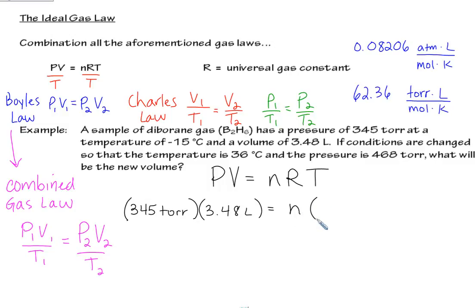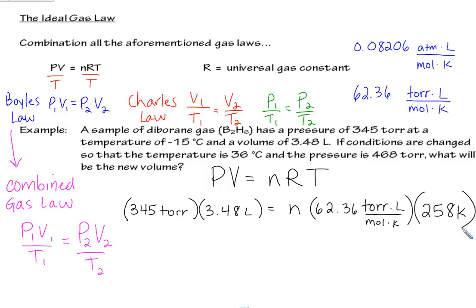I'm going to use the second version of R, the 62.36 torr liter per mole Kelvin. And then again, temperature must be in Kelvin. So I'm at negative 15 degrees. I'm going to add 273, and that'll end up 258.